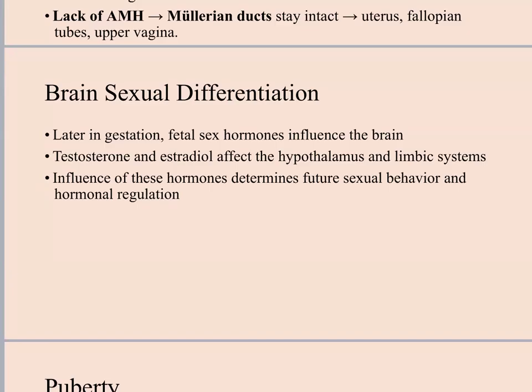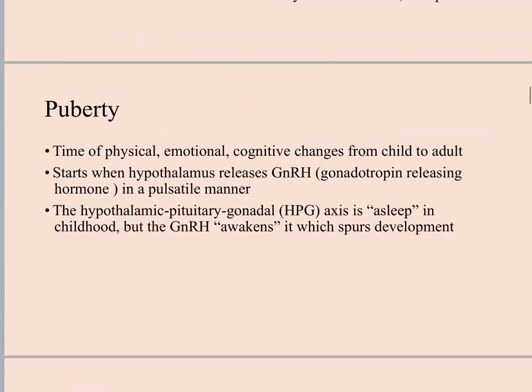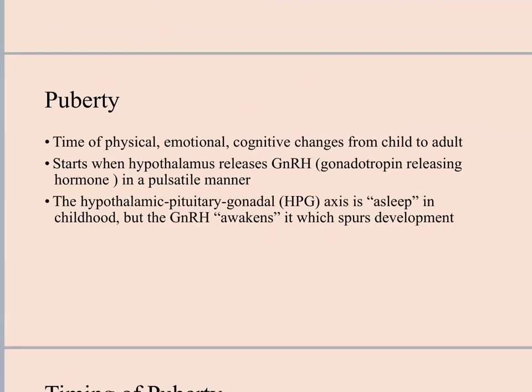So it really determines a lot about development and behavior. And this all happens during pregnancy. So that's pretty interesting. So during childhood, prior to puberty, the hypothalamic pituitary gonadal axis is asleep, basically. Not a whole lot going on.